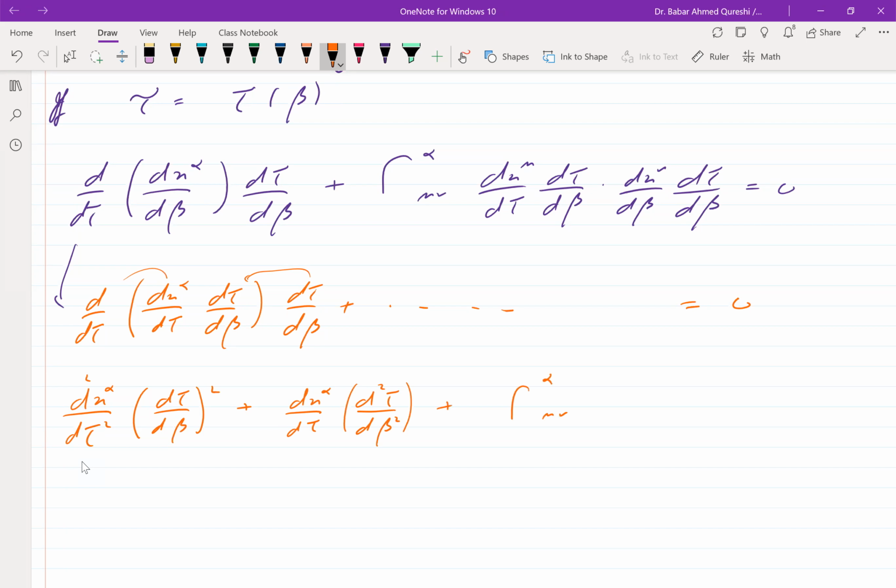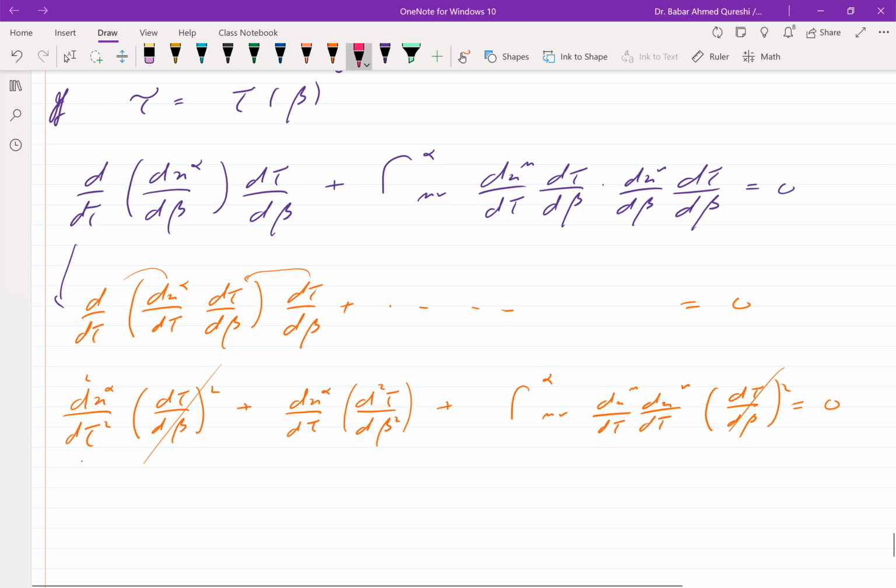And then these guys have just this thing. So I can divide by this; I will have an inverse of this over here. But whatever this is, it is a constant over here.